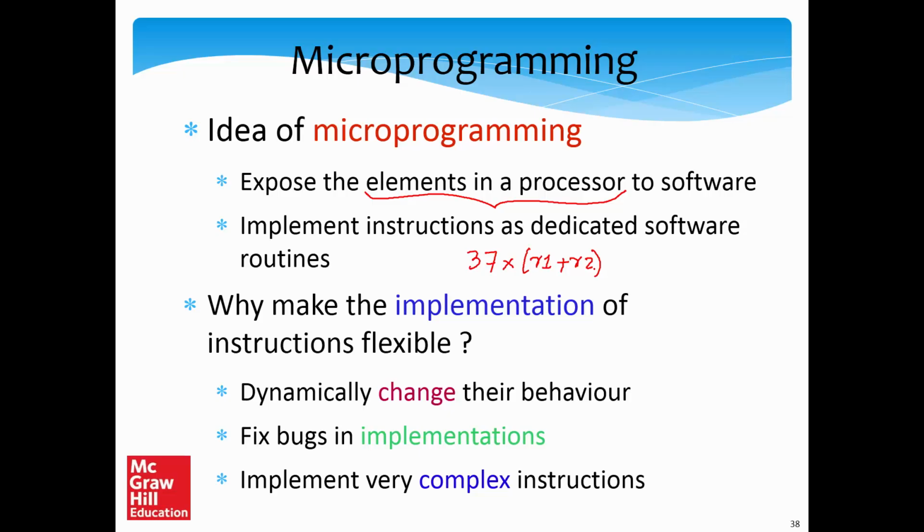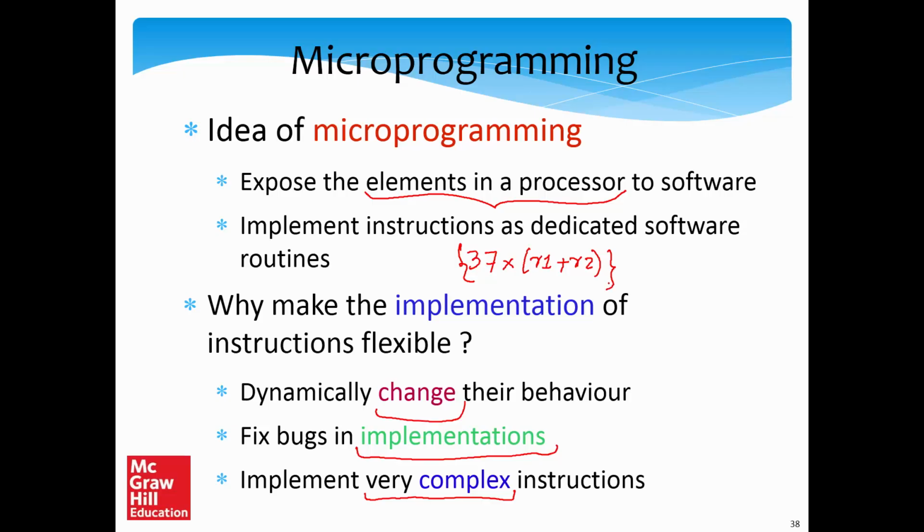So let me walk backwards: implementing complex instructions, fixing bugs in the implementations of current instructions, and also changing the behavior of instructions. As I said, instead of an add instruction, we can replace it with this if there is a requirement by applications.